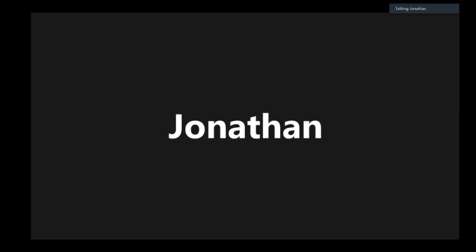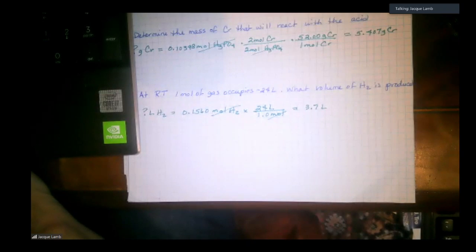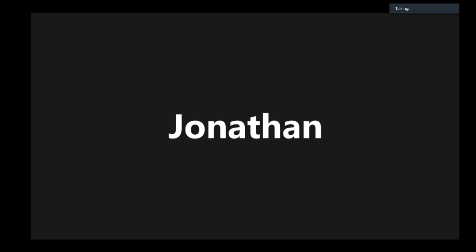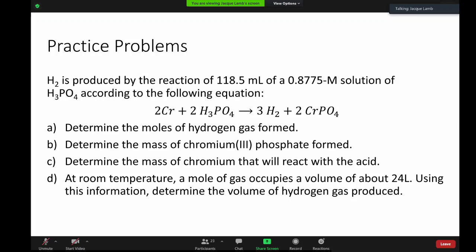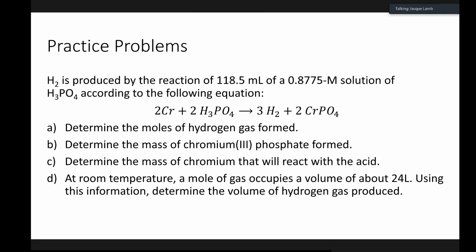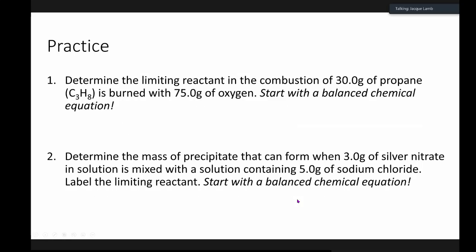Okay, thank you. Is this problem on the PowerPoint? That problem is on the PowerPoint. And I will actually share my screen and show you. So this is that problem that I just did. This one has two; you have to write the balanced chemical equation for both of these.